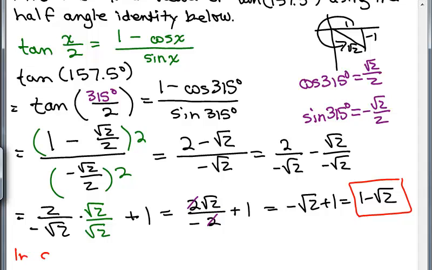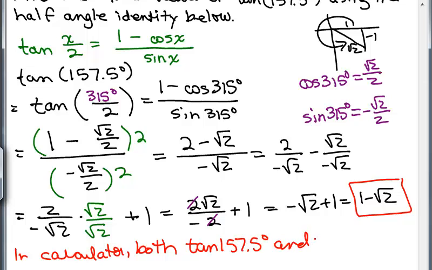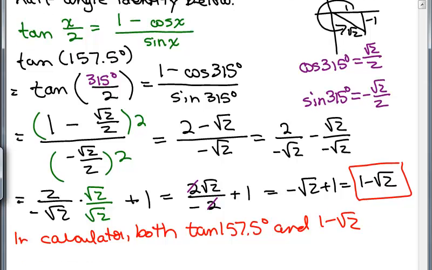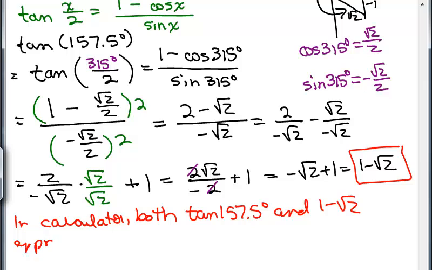So in the calculator, both tangent of 157.5 degrees and 1 minus square root of 2 approximate to negative 0.4142, etc. So this tells me that I must have been computing this correctly. So this is the exact answer. This is an approximation, this negative 0.4142, etc. So that's a way to verify when you're done that you seem to get the right answer.